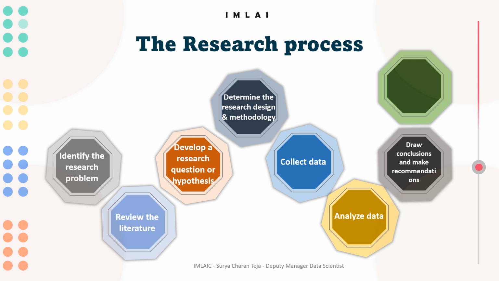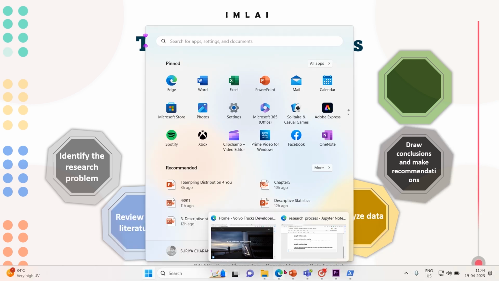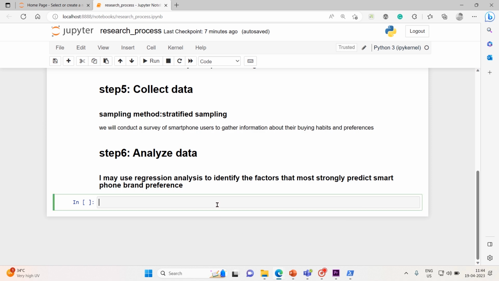So we can draw conclusions and make recommendations about the research problem. That's what is going to happen here. Or inferences, you can put it in another way. Inferences, step 7, draw conclusions and make recommendations.